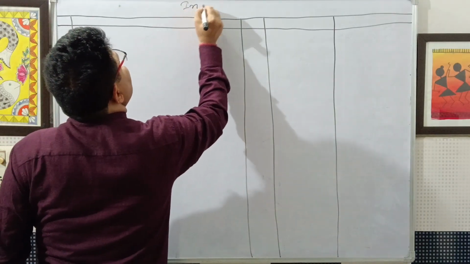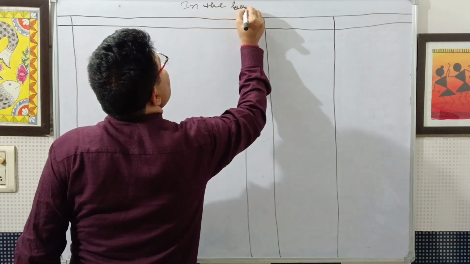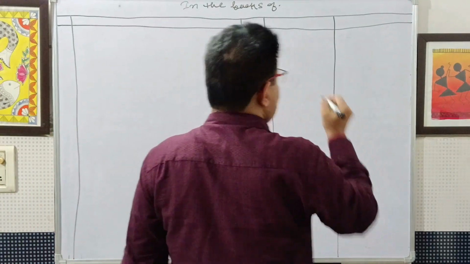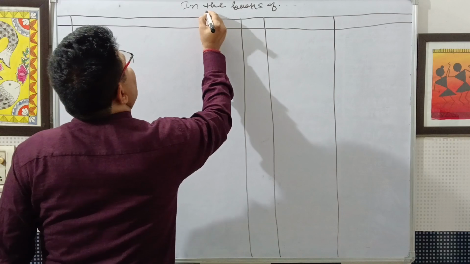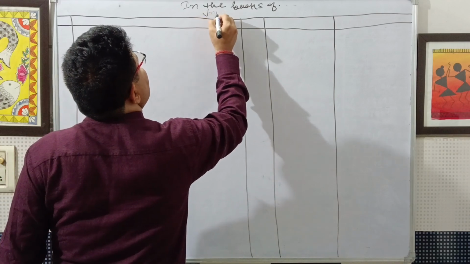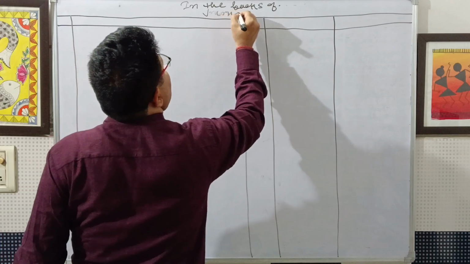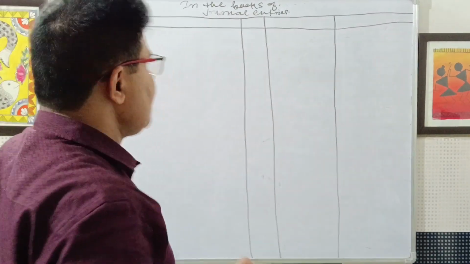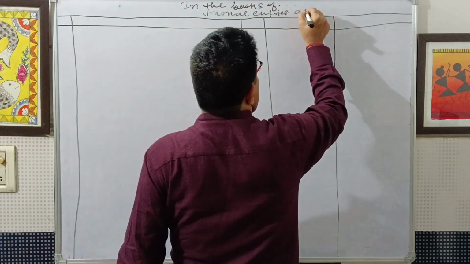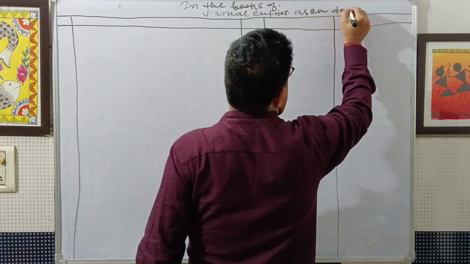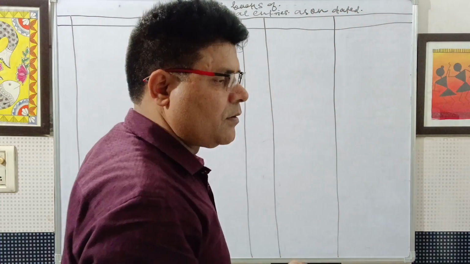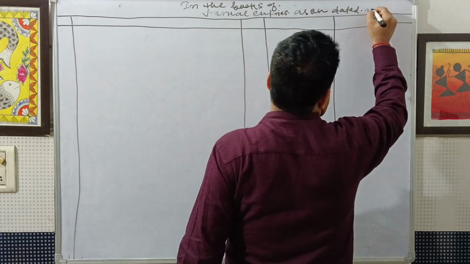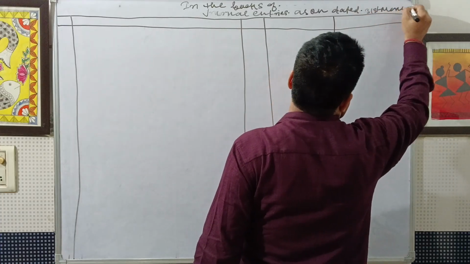Write down here, in the books of, journal entries, as on dated 31st March 2023, 31st March 24.